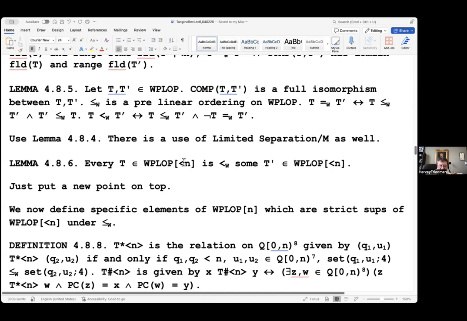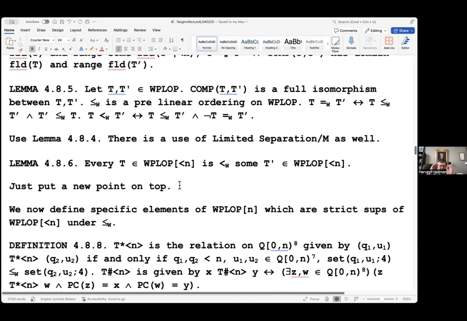I mean, n is easily seen to be highly a limit. That's not a problem. We now define specific elements of W plop n, which are strict sups of W plop less than n under less than or equal to W.